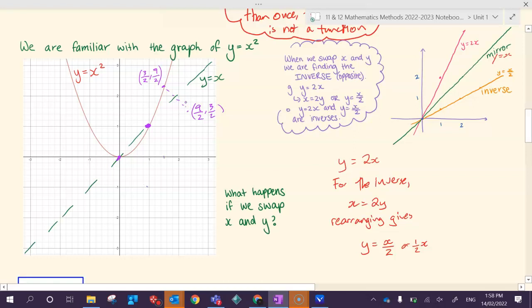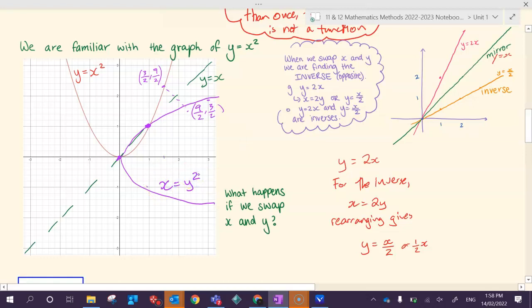So when I want to draw what this looks like, it's going to go through about there somewhere. If I could draw that perfectly and symmetrically, that purple line there is the equation x equals y squared.